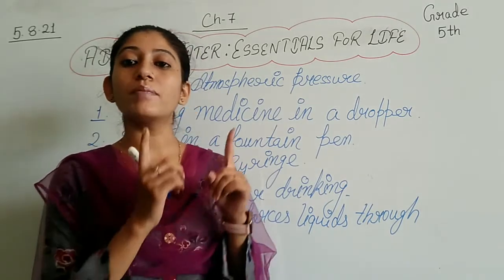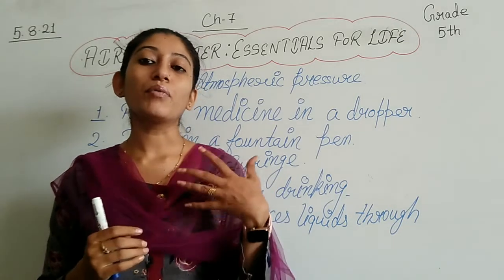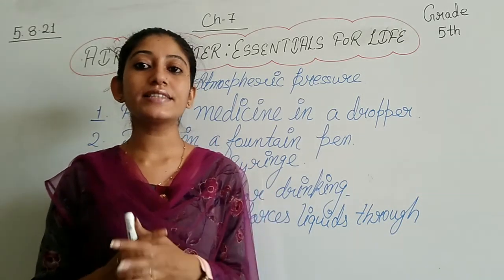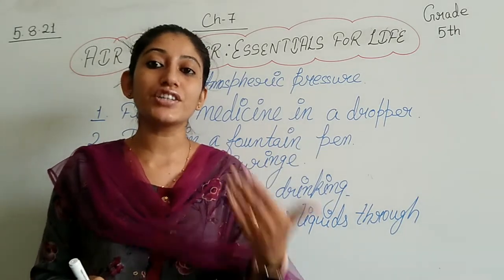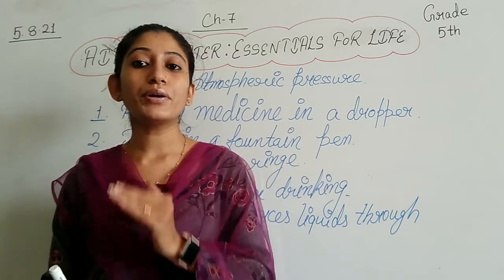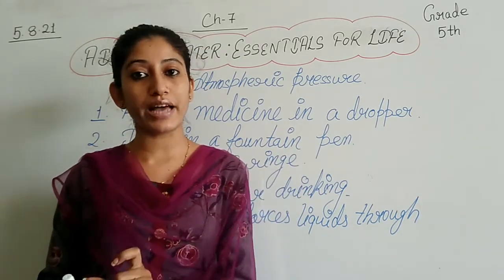For understanding more about the siphon, let's discuss first the diagram of the siphon as well as its functioning. Then only you will be able to understand how air pressure forces liquids through a siphon.